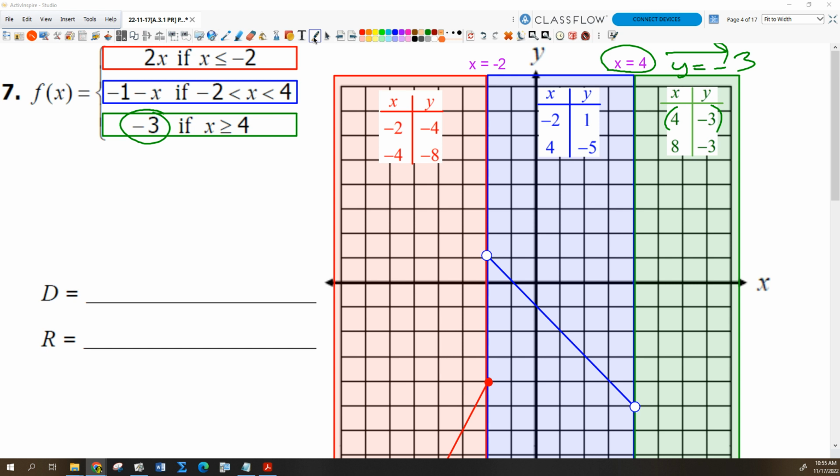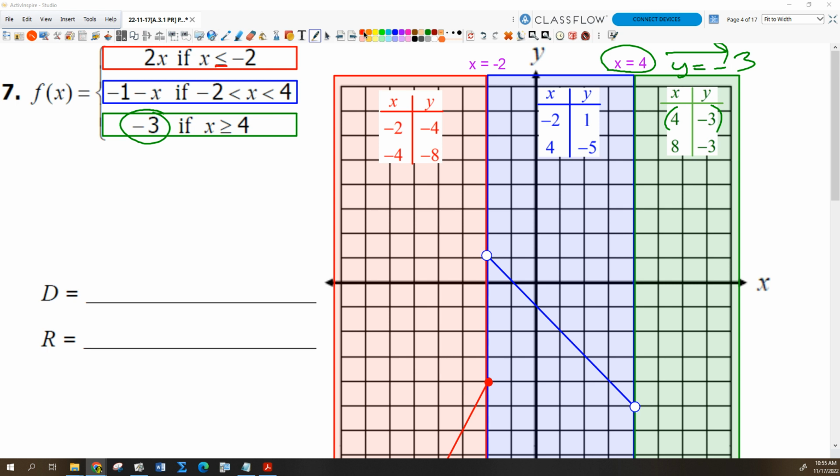We had a closed endpoint in the red region at -2 because the x values that go into the red region include -2 because of that equal sign on the inequality. We had open endpoints at both of the blue endpoints because the x values included in the blue domain don't include -2 and 4. They're just the values between those because the inequalities don't have equal signs, right?